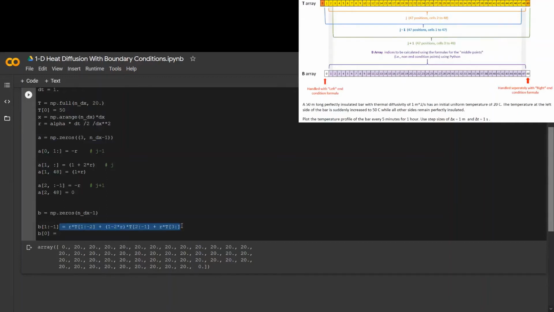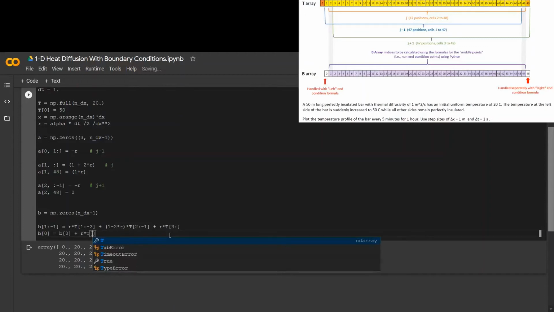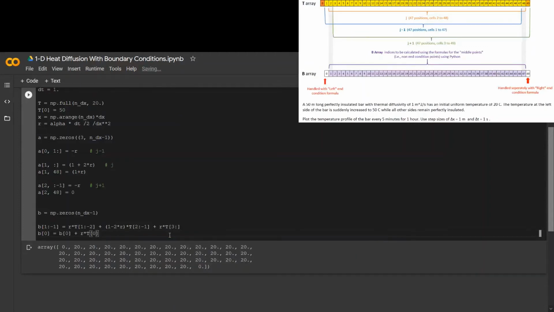And then we found that at the left boundary, we're also going to have to add on to that general form the temperature to the left of our J, which is at J is 0 minus 1. Well, really our temperature is 0. So now we're going to have our original calculation, and then plus R times T at that same position.